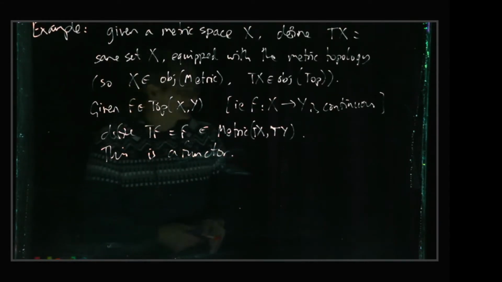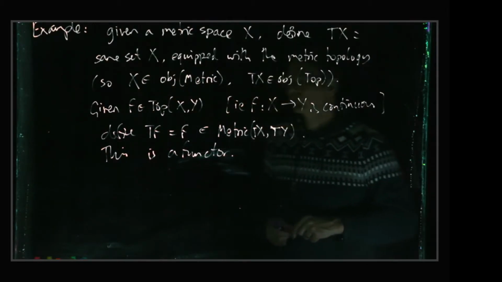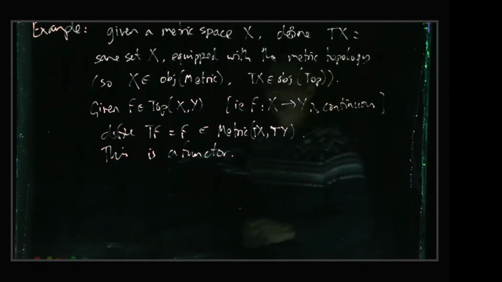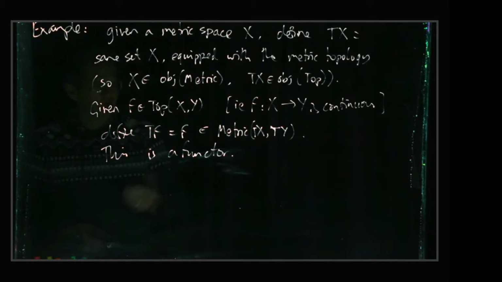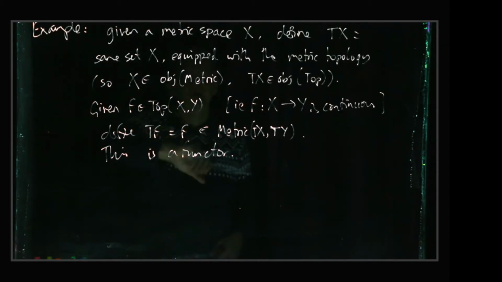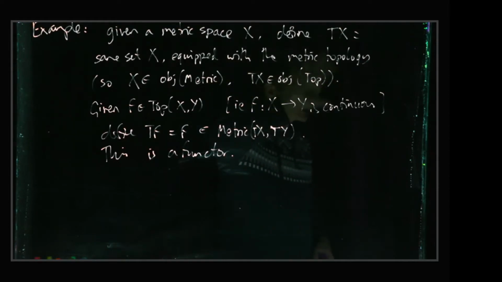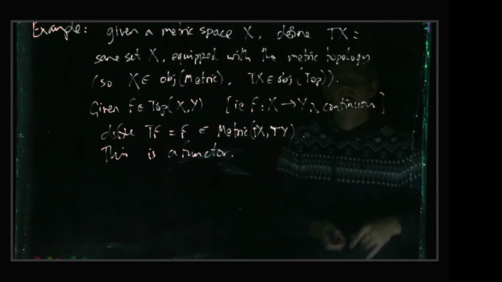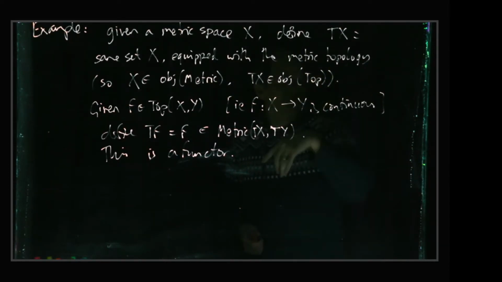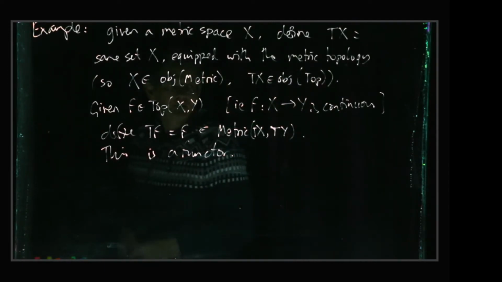So on one hand, this feels a bit funny. It feels so simple as to be confusing in a sense, because there's not really anything going on. But the place where anything is going on really is just in the fact that we defined this metric topology and we had to prove it was a topology. That's where all the content is, just in the basic definition of a metric topology.